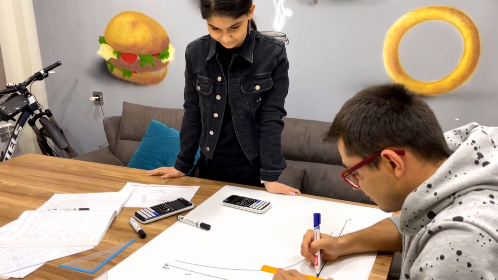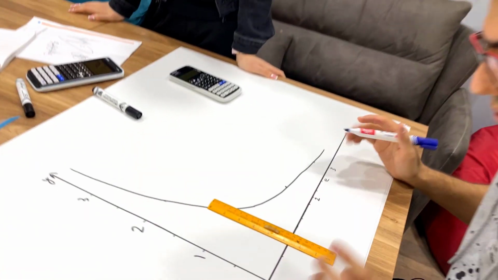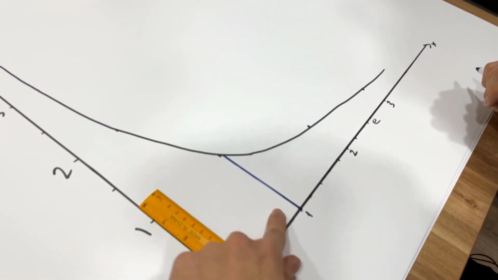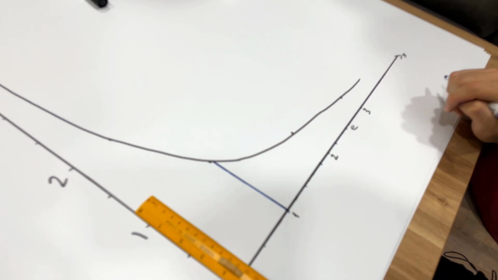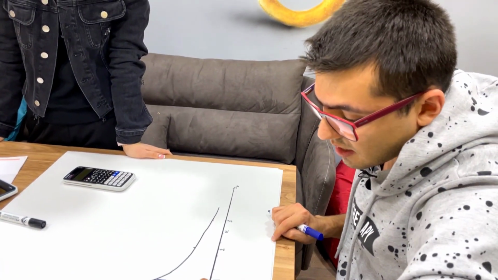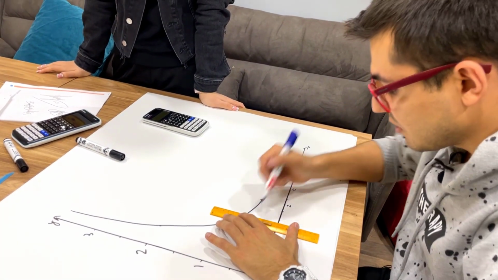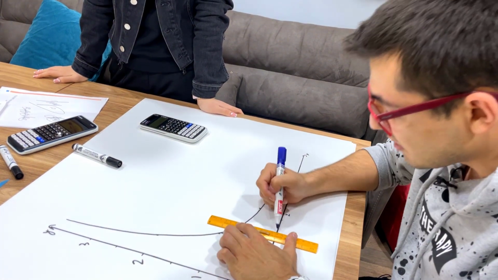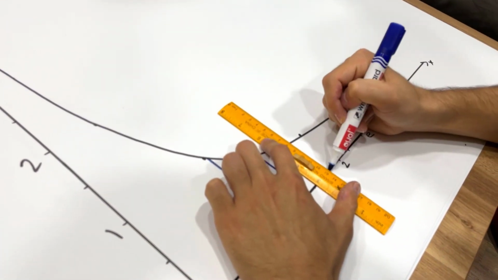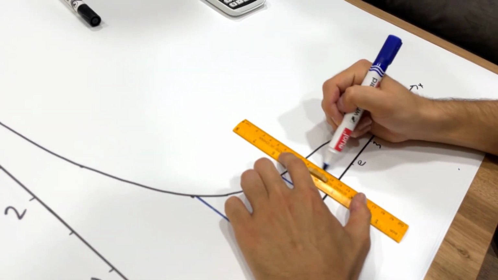By the way, this is called the left Riemann sum, because you are taking the left x value from each interval and the y value of the function there. From this interval I will take this, from the next interval this, and from the last interval this.